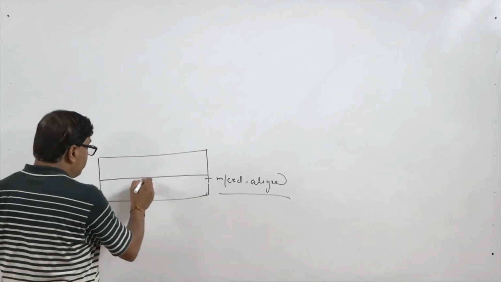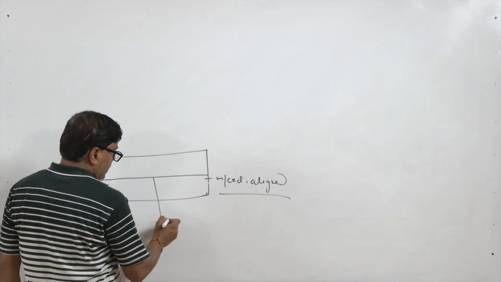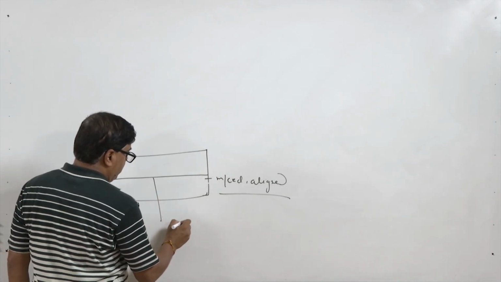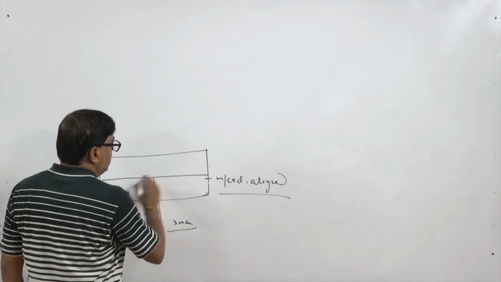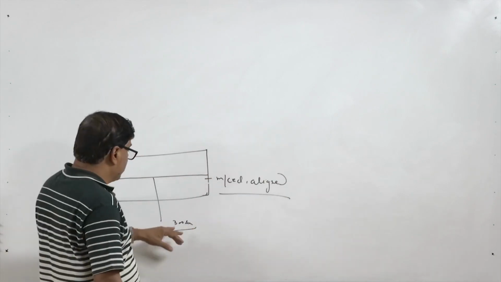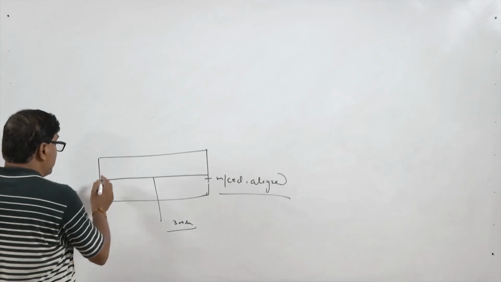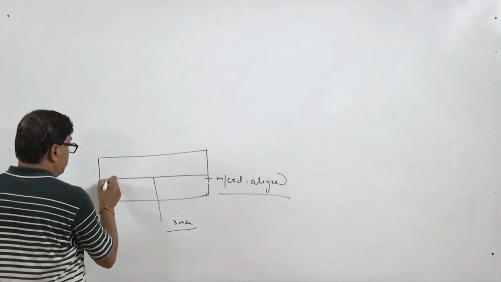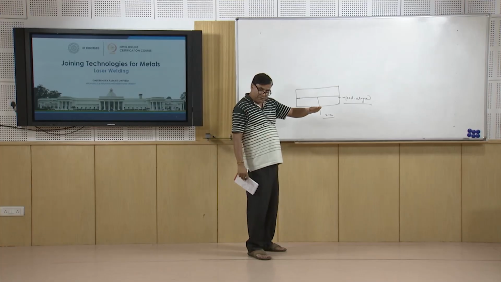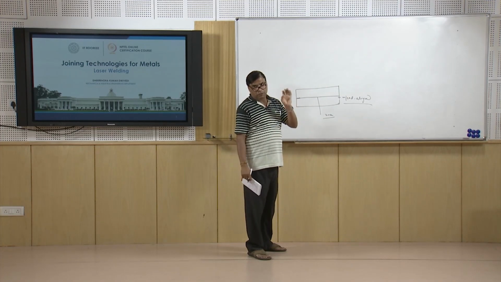If any gap is left between the two plates to be joined, say a gap of 300 micrometer due to machining accuracy or misalignment, and we are using a laser of 200 micrometer, then at that location the laser will just pass through the gap between the plates to be welded without causing any heating.